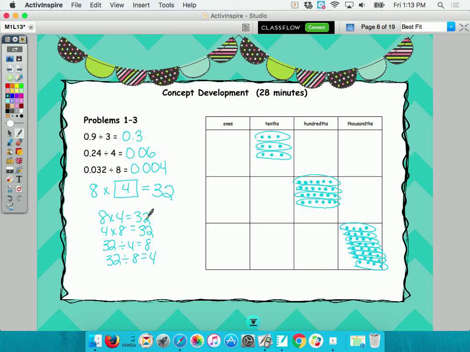And you've done most of this learning prior to 5th grade. But there are times when I will still say 8 times something equals 32 to figure out a division problem. Okay, does that make sense? I just want to clarify that because we've got that coming up in the problem set.